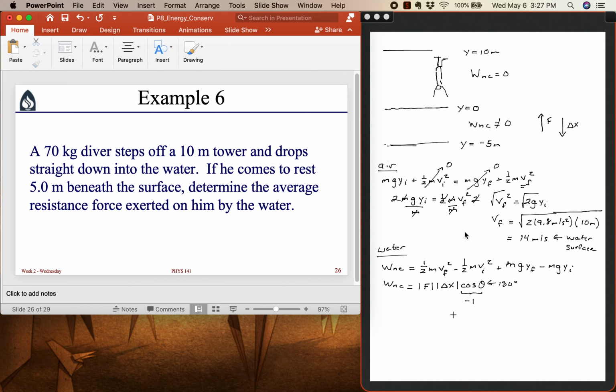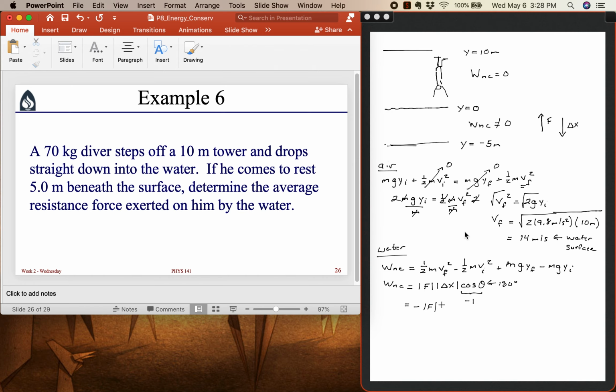So the work being done by this non-conservative force is going to be equal to negative the amount of the force times the amount of the displacement. And the displacement when the diver is in the water, they're going from y equals 0 to y equals -5 meters.